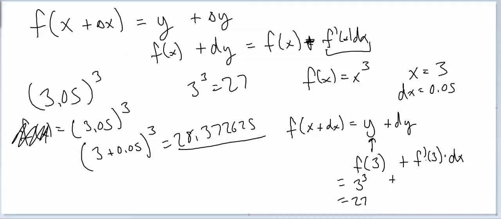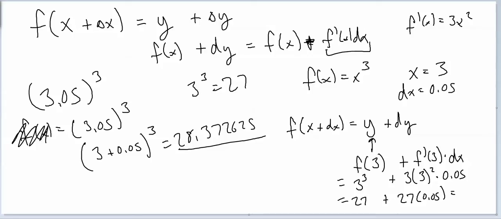My derivative at 3, the derivative is 3x squared. So really quick, my f prime of x would have been 3x squared. So if I take 3x squared and multiply by that small differential change of 0.05, I'd have 27 times 0.05.